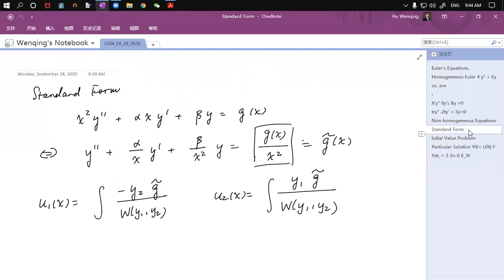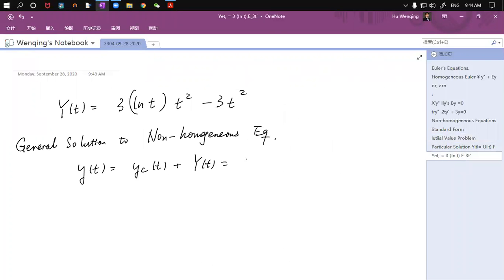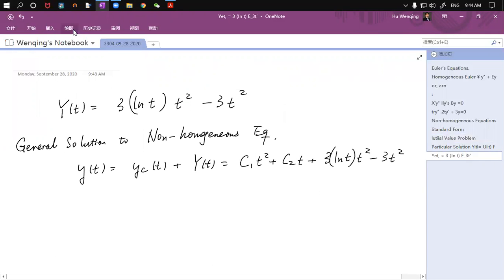The complementary solution is already found: C1 t squared plus C2 t. Then plus the particular solution, 3 times the logarithm of t multiplied by t squared, minus 3 t squared. Is that good, family? That's how you find the solutions.